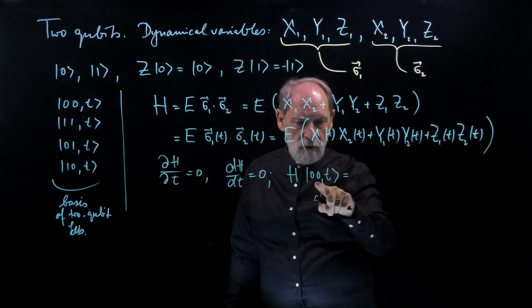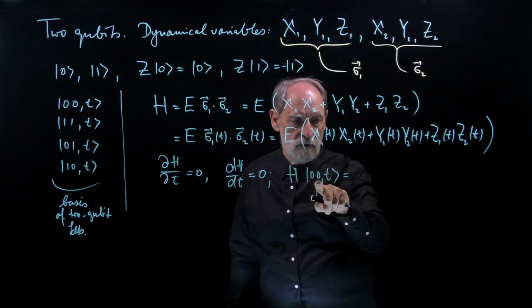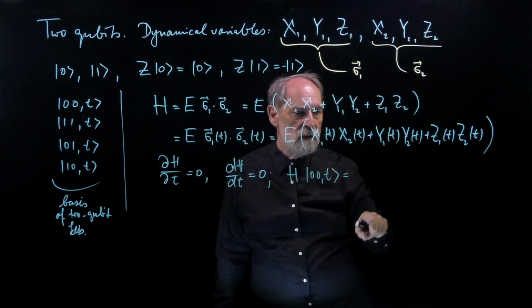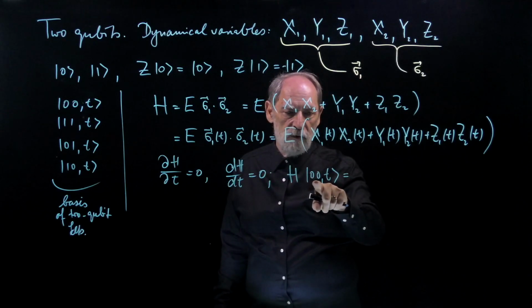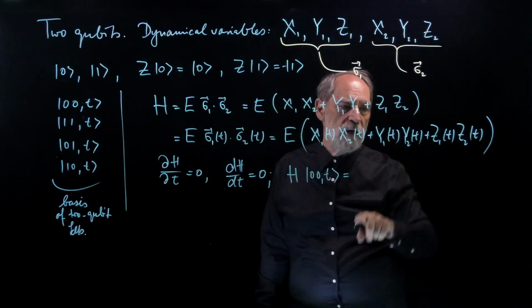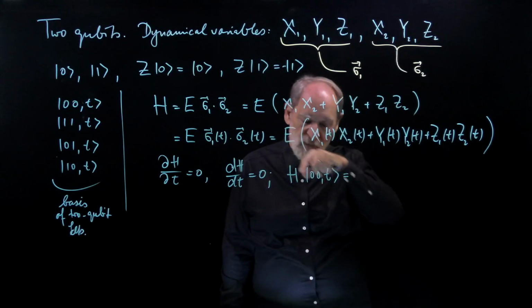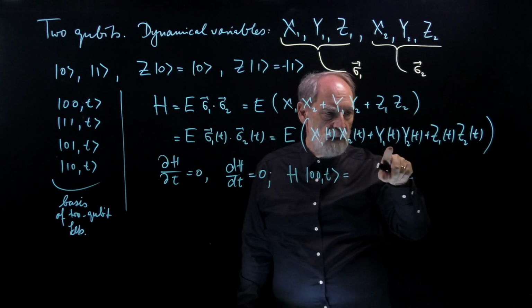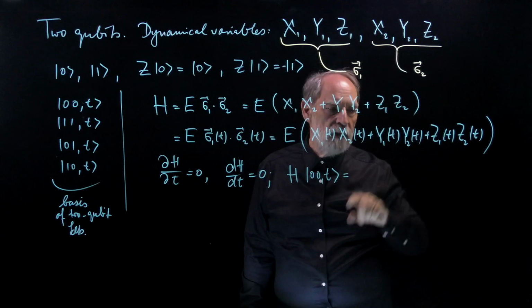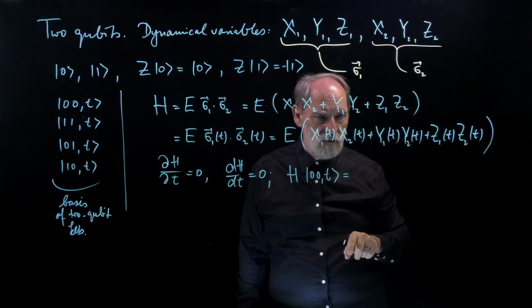The x2 converts the second 0 into the 1. Okay? The y1 and the y2 also convert 0 to 1, but multiplied with i. And so we get an i times an i, which is i squared, a negative one.